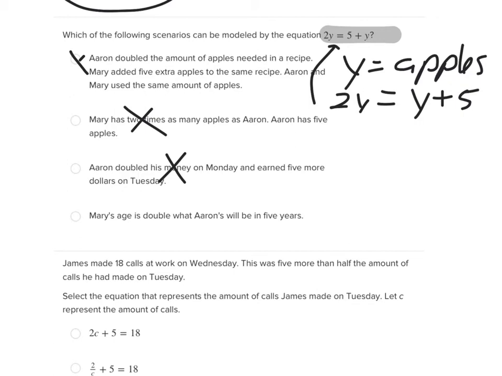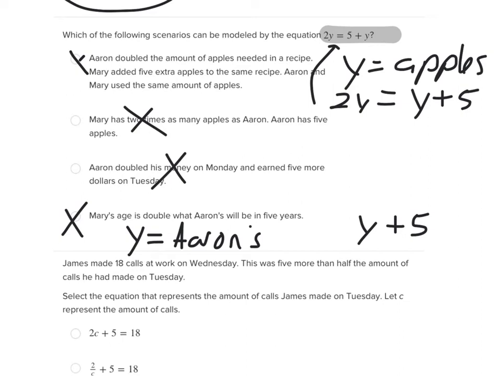Mary's age is double what Aaron's will be in 5 years. That looks like it's right also. So if y represents Mary's age, no, that doesn't make sense. Actually, when you go to look at it, if y equals Aaron's age now, then in 5 years, he'd be y plus 5.